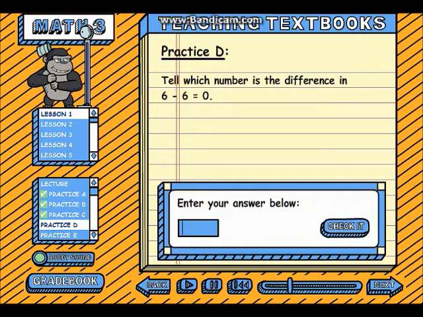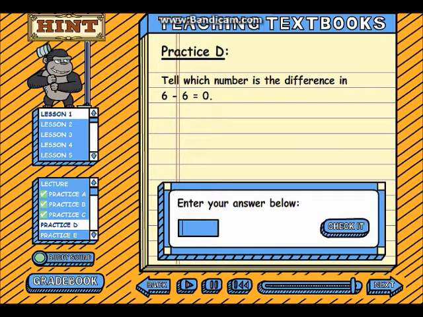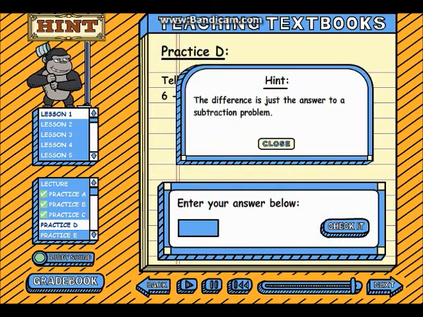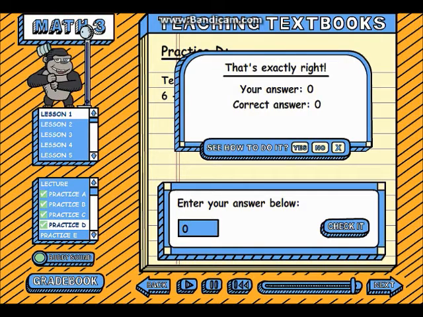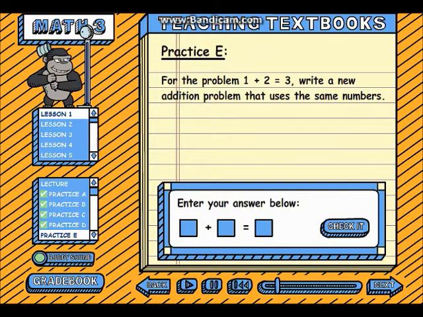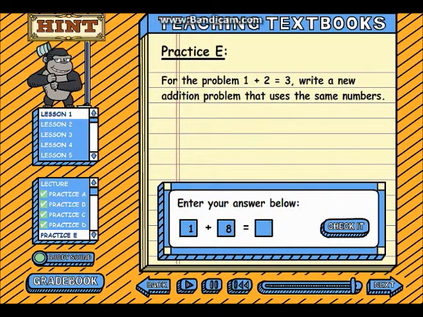For this one, tell which number is the difference in 6 minus 6 equals 0. Time out for a hint. The difference is just the answer to a subtraction problem. Perfect. For the problem 1 plus 2 equals 3, write a new addition problem that uses the same numbers. Time out for a hint.